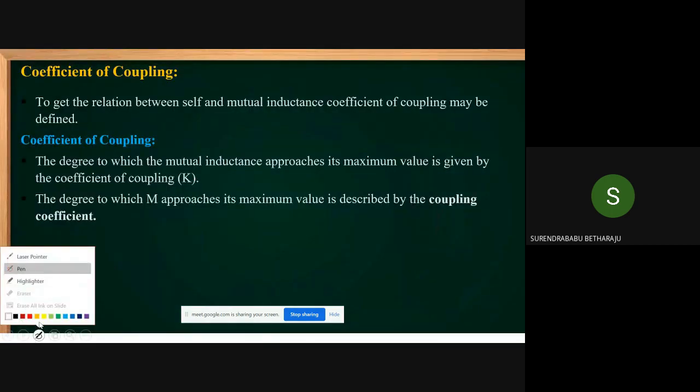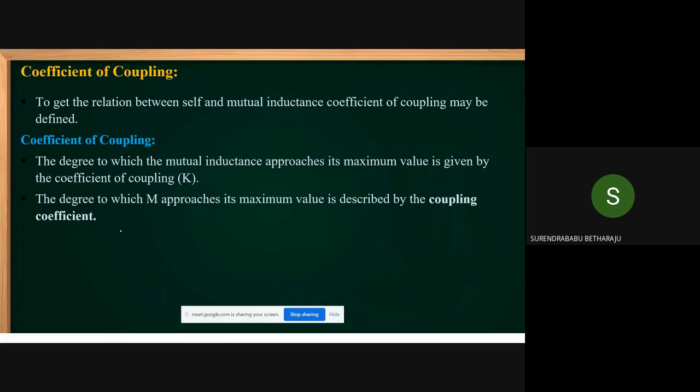Very important. We are defining the coefficient of coupling. What is the coefficient of coupling, students? To get the relation between the self and mutual inductance, the coefficient of coupling is defined. Then what is the definition of the coefficient of coupling?